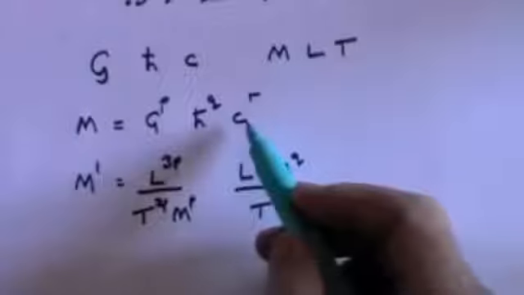Well, G has units of length cubed divided by mass times t squared, and so if it's raised to the power p, each of these has to be raised to the power p. h bar has units of length squared times mass divided by t, and obviously if that is raised to the power q, each of these has to be raised to the power q. c is just speed, which is distance over time.